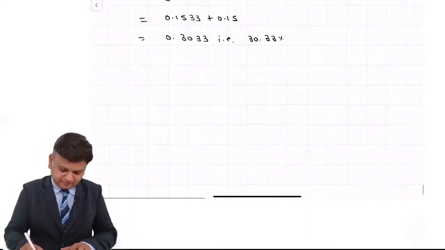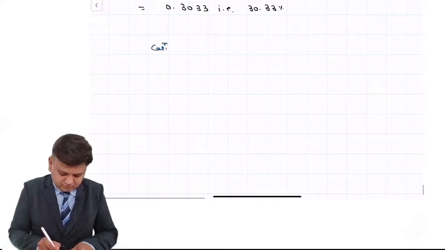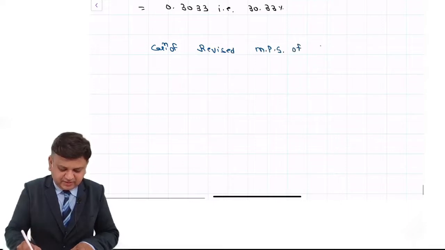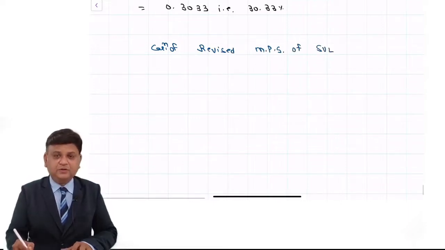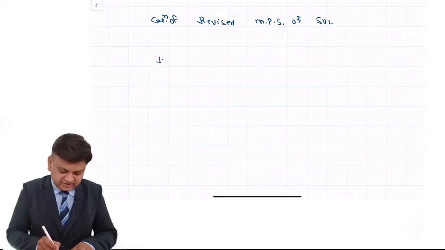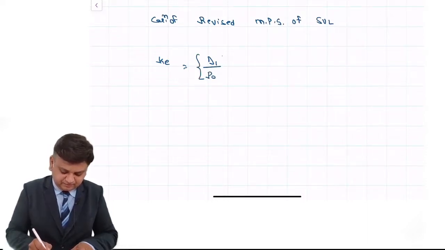Next, calculation of revised market price of share of SVL, of course using the dividend growth model. In that case, K is equal to D1 divided by P0 plus G. This is the basic formula.